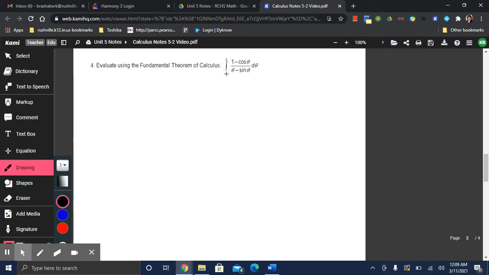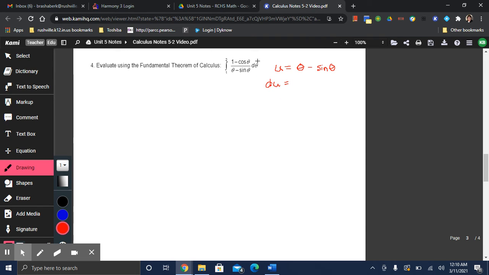So we're integrating from 1 to 2, 1 minus the cosine of theta over theta minus the sine of theta, d theta. Right away, we can see that we're going to need a u because we have this quotient. So we'll try out that denominator. u would be theta minus the sine of theta, its derivative du.